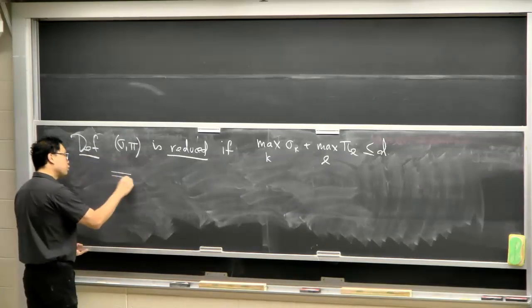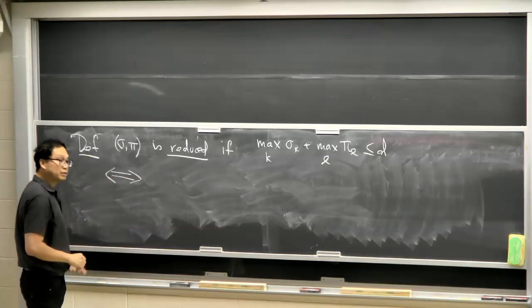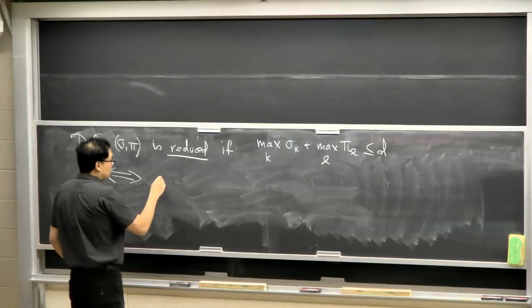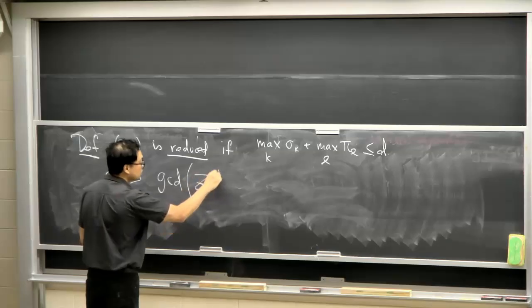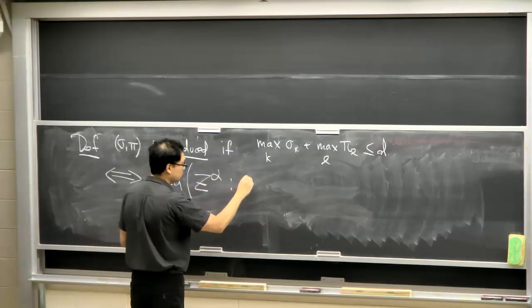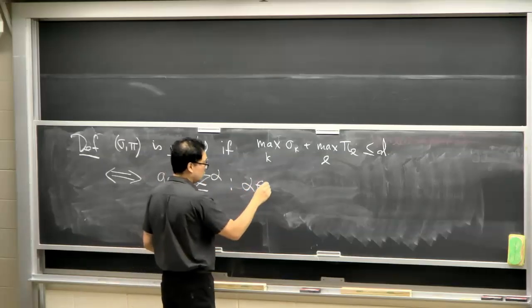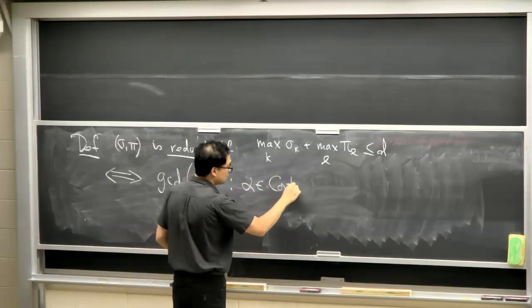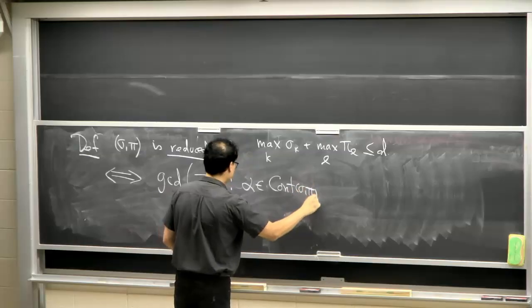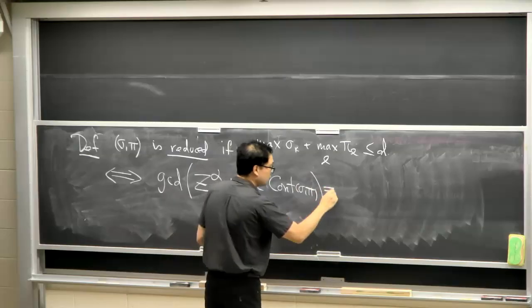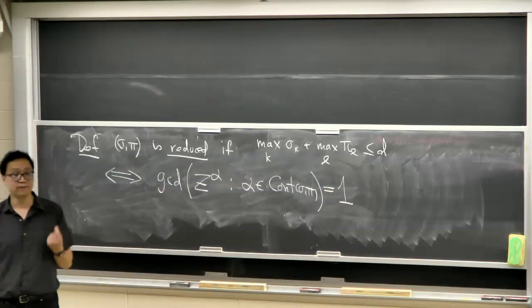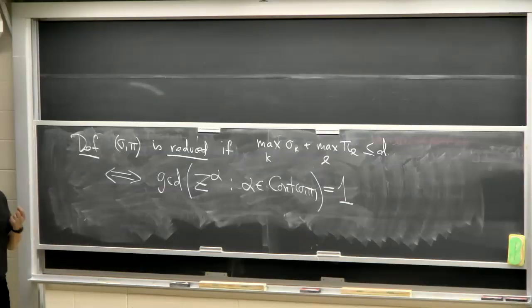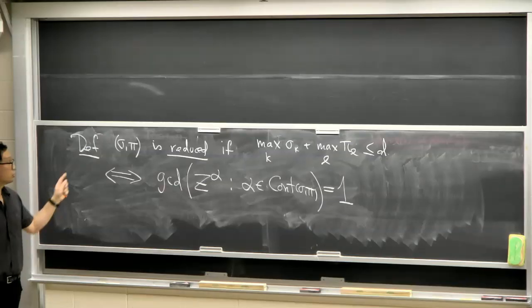This is logically equivalent to the following statement. Let me take the greatest common divisor of all monomials in that space. And it's 1. When you reduce, you have no common variables among all of the monomials. That's an equivalent statement to this.